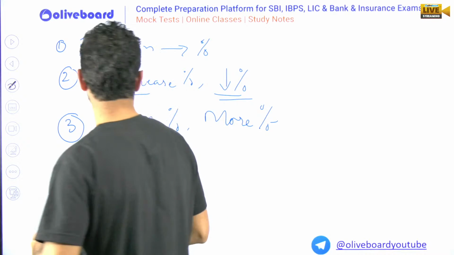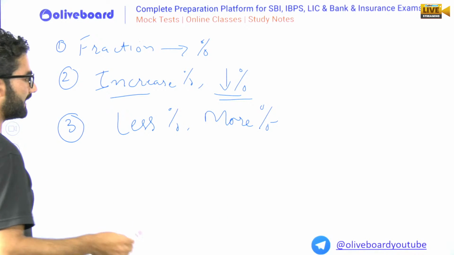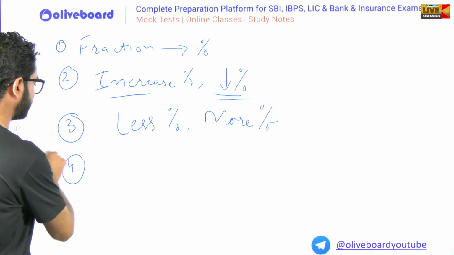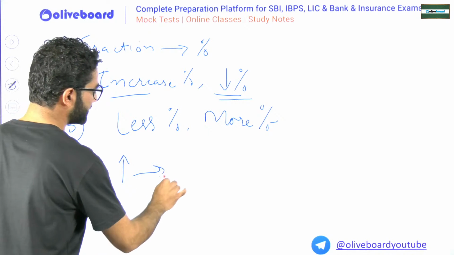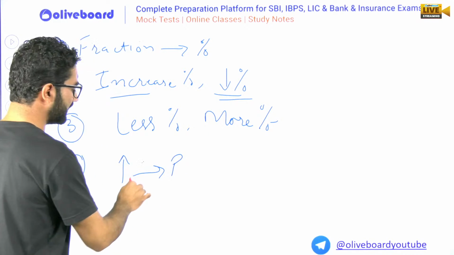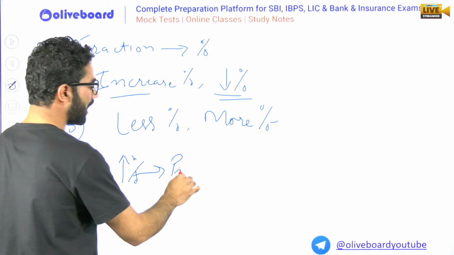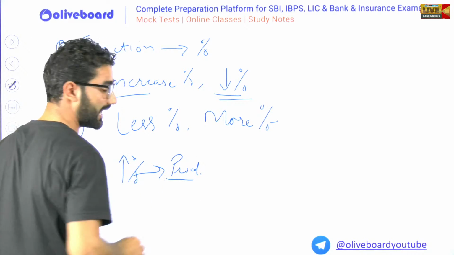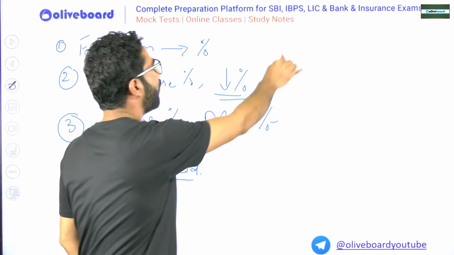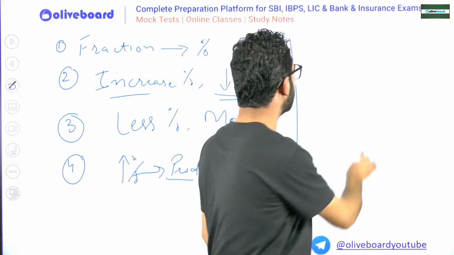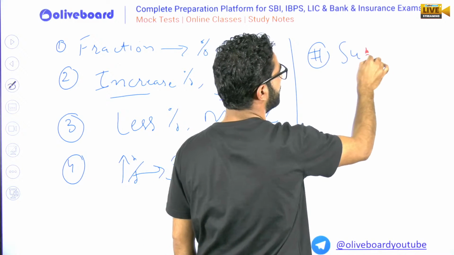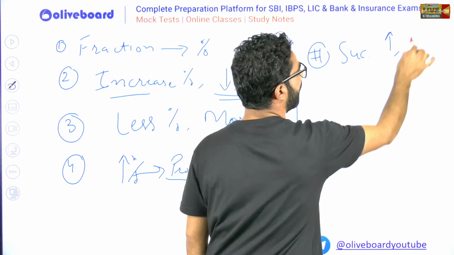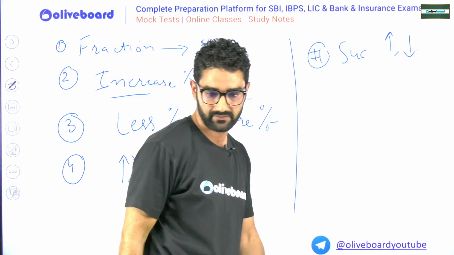Then there is increase in cost and production: if there is an increase in percentage, what should the production be. One more thing is successive percentage increase or decrease, which will be discussed here.